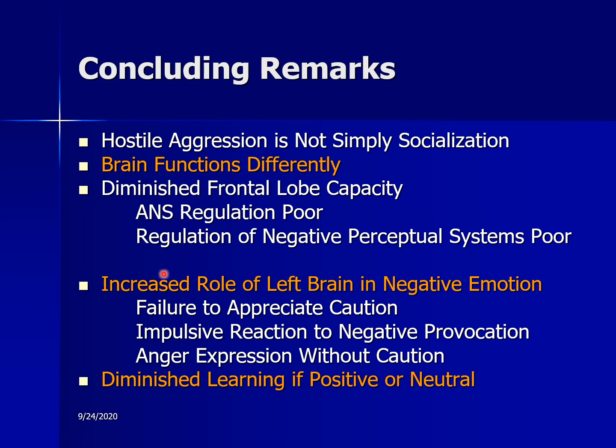So with right frontal lobe problems, we're going to have dysfunction in the autonomic nervous system regulation, especially for sympathetic drive. We're going to have diminished learning of positive or neutral information, and maybe well-established recall for negative or angry information.